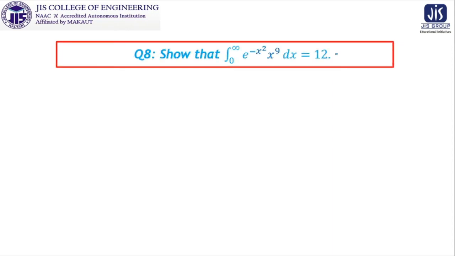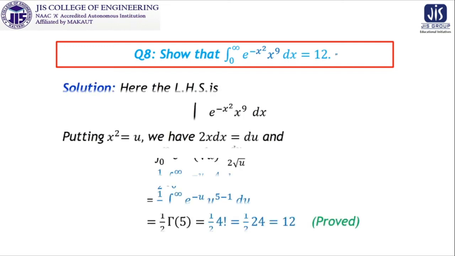In the next problem, here we see that e to the power minus x square is now associated with x to the power 9, which was associated with x to the power 0 in the last problem. So again the same formulation will be used. We will think of this x square as u.